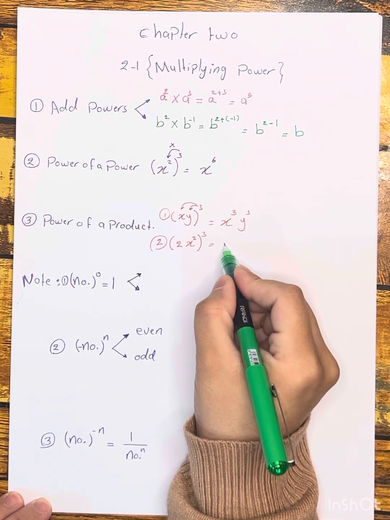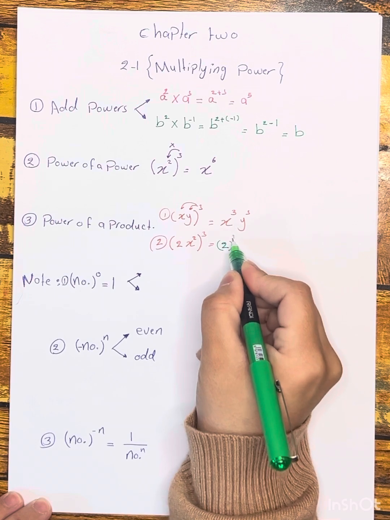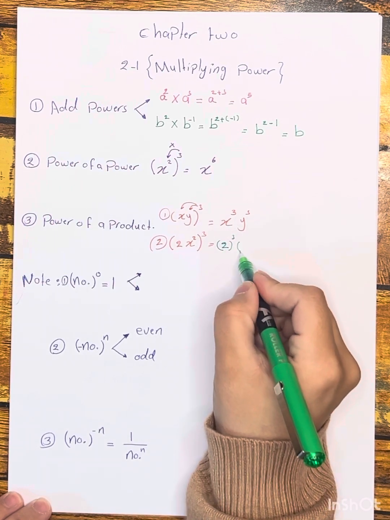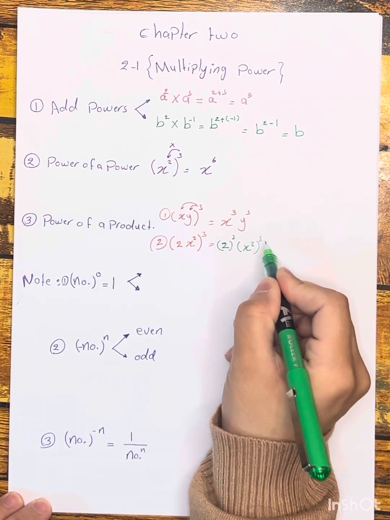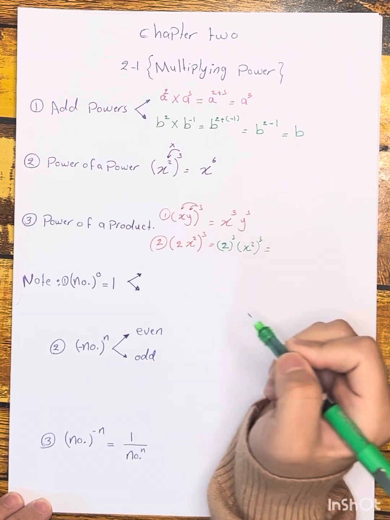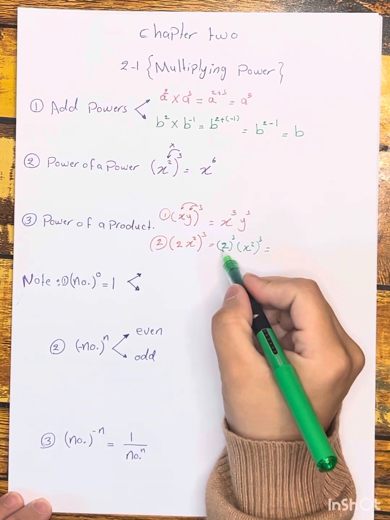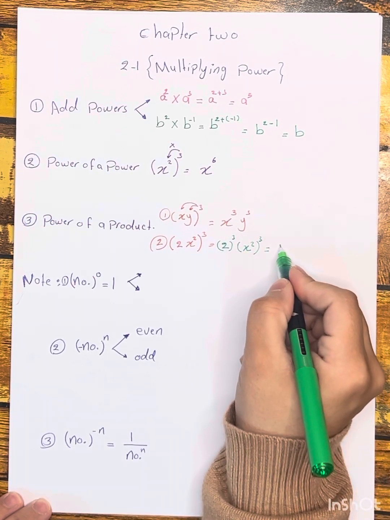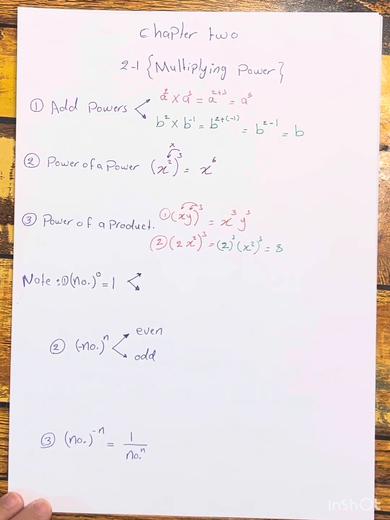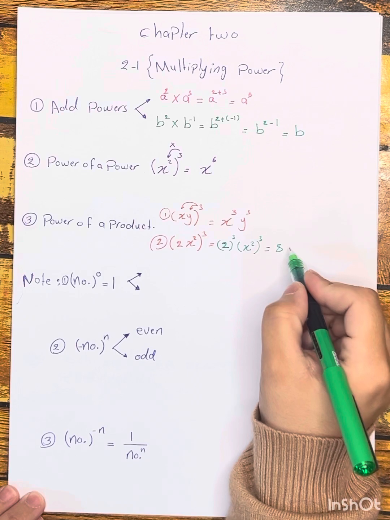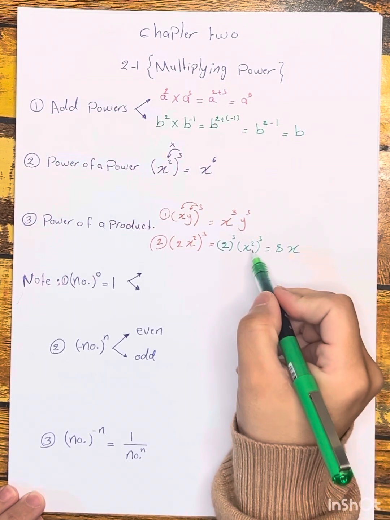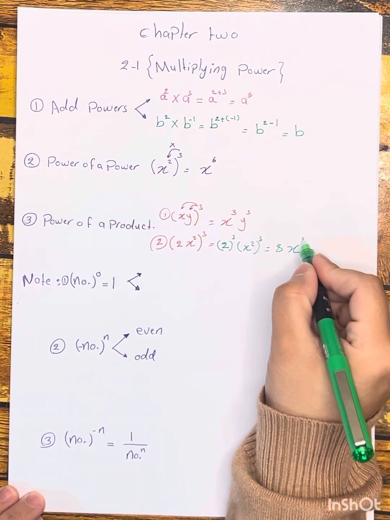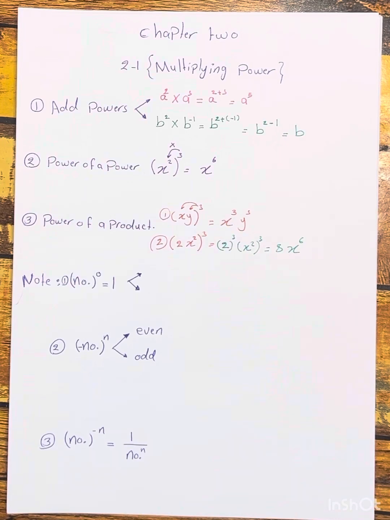I will say 2 to the power of 3 when we distribute the power, and x to the power of 2, all to the power of 3. This is evaluated by a power. 2 to the power of 3 will be 8, because 2 times 2 times 2 is 8. Sorry. x to the power of 2 times 3 will be 6. So number by power and variable by multiplication.